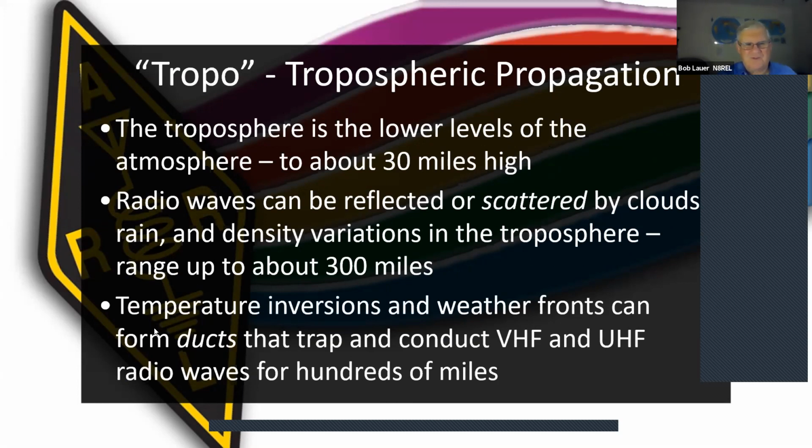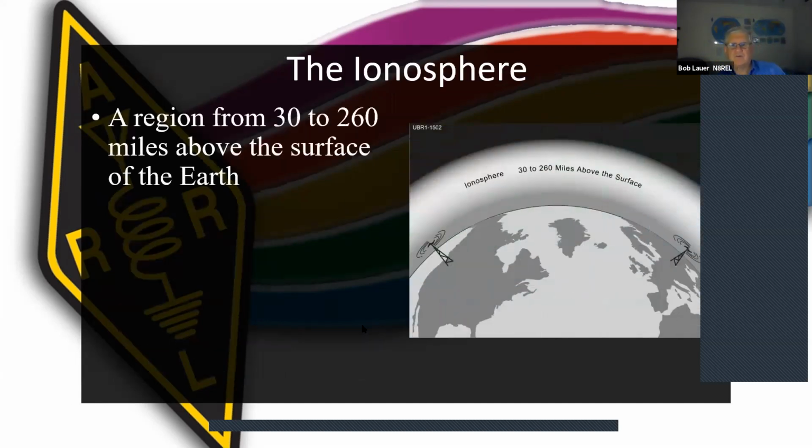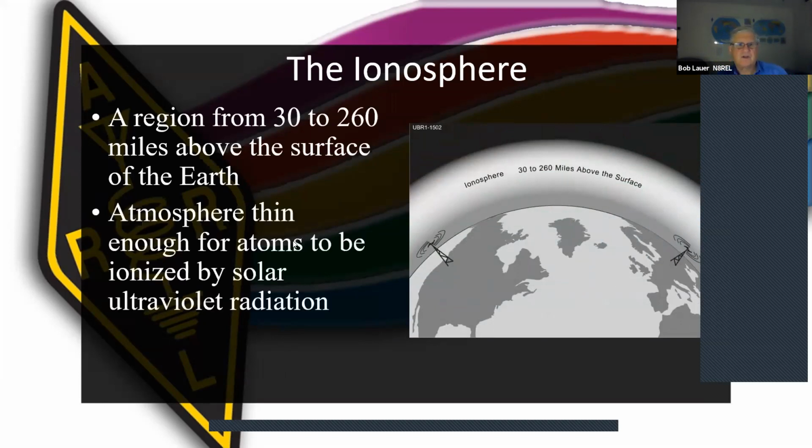One of the sources I looked at was from the Radio Society of Great Britain, and of course, they did everything in kilometers rather than in miles, but they set the height of the troposphere at 625 kilometers, which would be about 400 miles. Okay, temperature inversions. Yeah, we just talked about temperature inversions. Yes, we talked about the ionosphere.